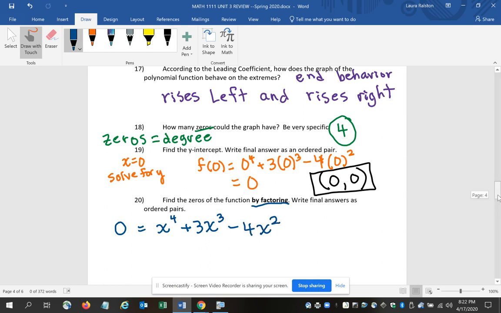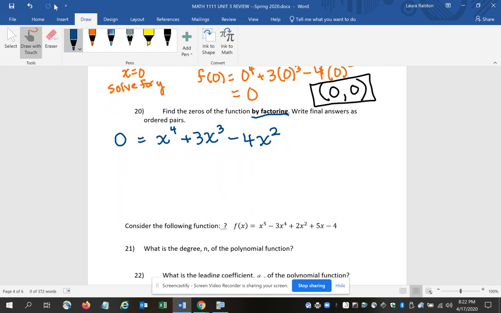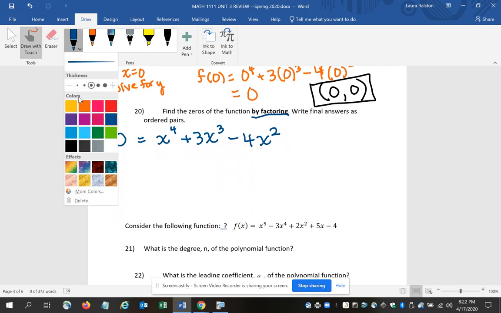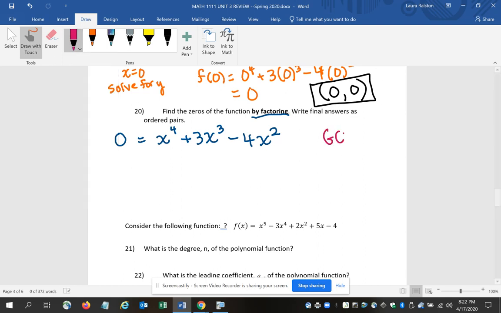The first step any time that you are factoring to solve a problem is to look for the greatest common factor. And if I look at my problem, I realize, oh, all of those pieces have x squared in common.